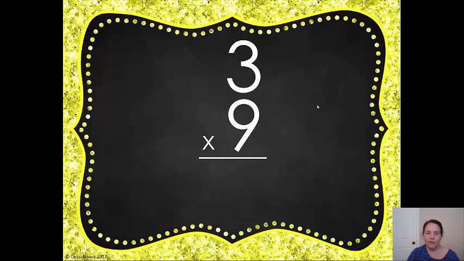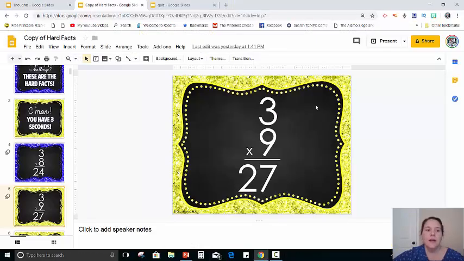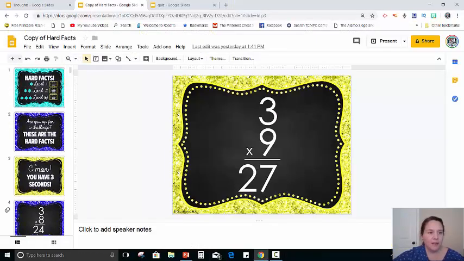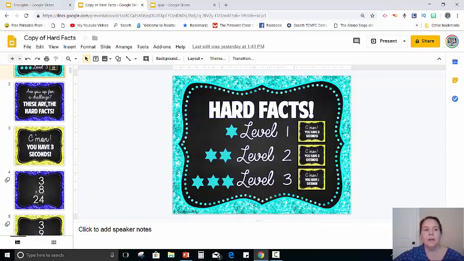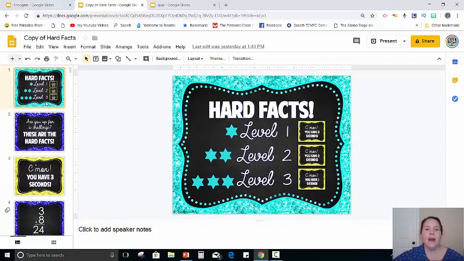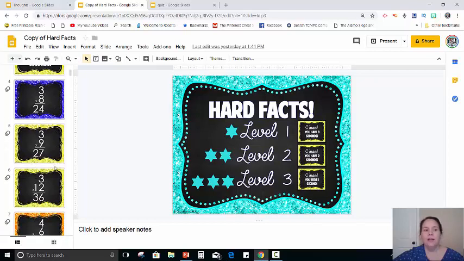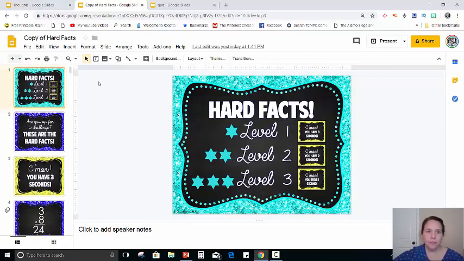So they have 3 seconds on this first level before the answer pops up, and they can decide whether they were right or wrong. This also has some benefits over regular paper flashcards because you can differentiate really easily. So if you have one of these digital flashcards for each of the fact families, you can just literally assign or have kids choose the fact family that they're working on.